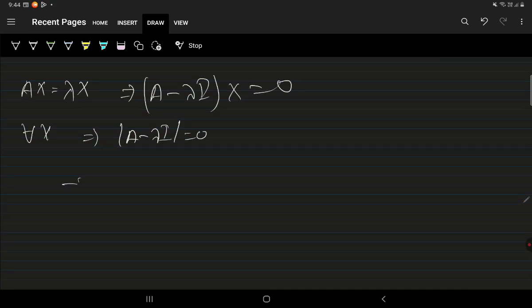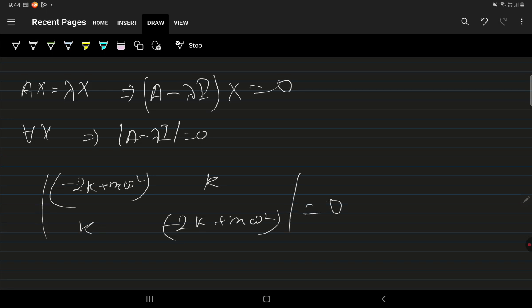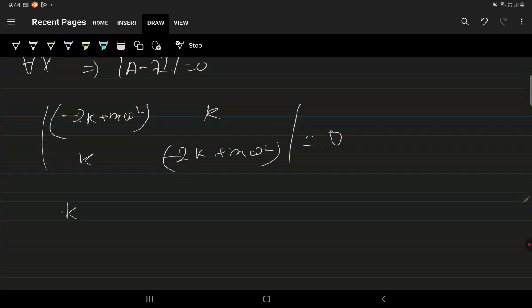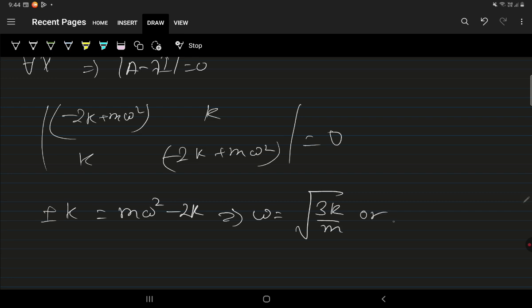I can say the determinant of minus 2k plus m omega square, k, k, minus 2k plus m omega square. Now I am not opening the determinant. I need the determinant to be 0. I can say k plus minus k equals m omega square minus 2k. From here omega equals root 3k by m or root k by m.